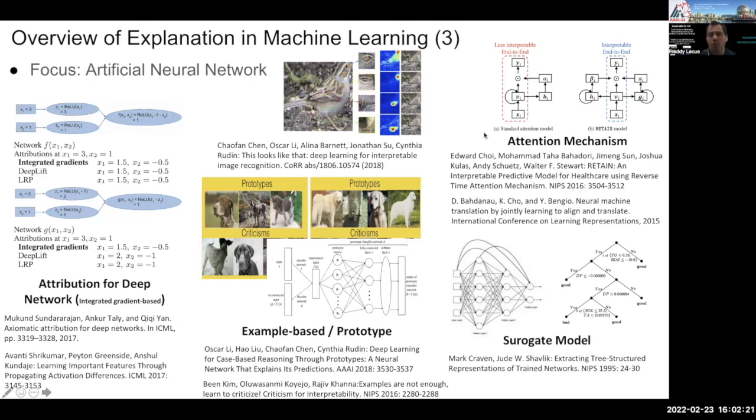So I mentioned those works when they show it could be used for explanation, or sometimes I think it's still under discussion. The people are still trying to make the connection between them.